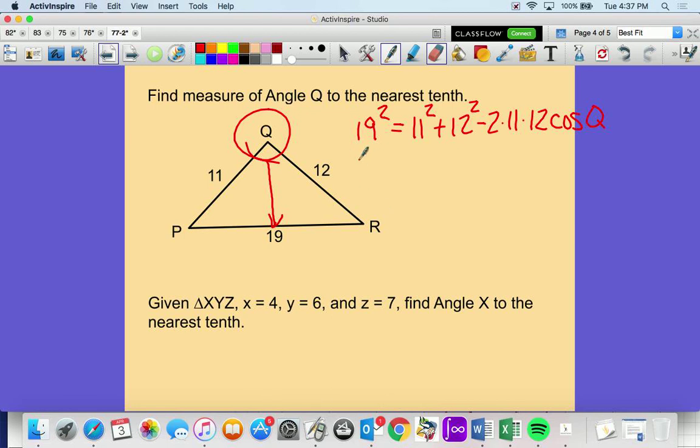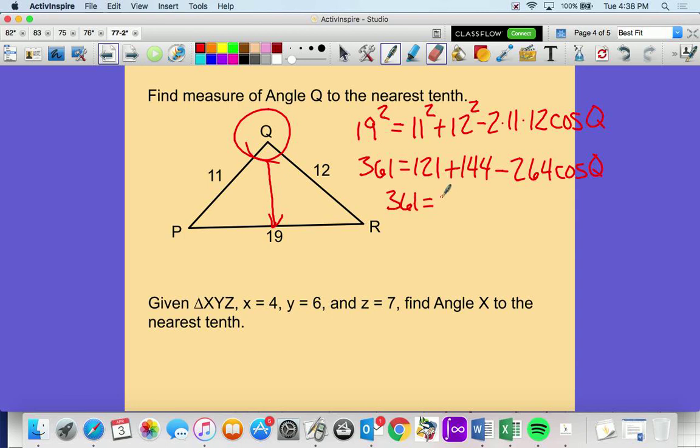So 19 squared is 361, equals 11 squared is 121. 12 squared is 144. Okay, minus 11 times 12 is 132 times 2 is 264 cosine of Q.